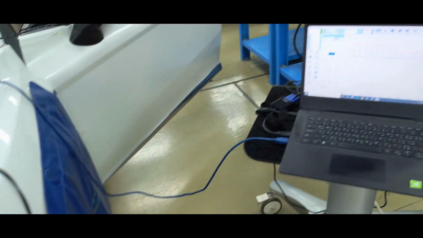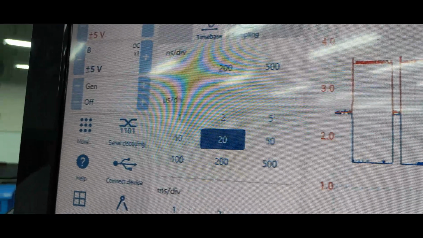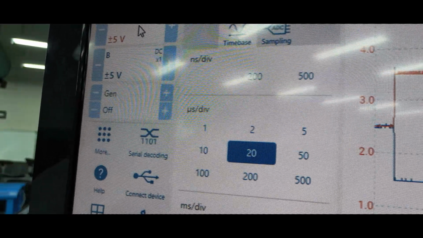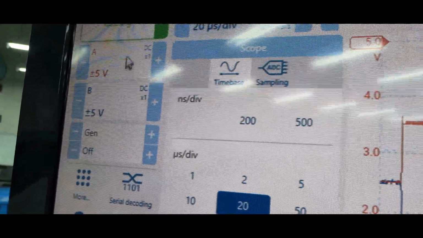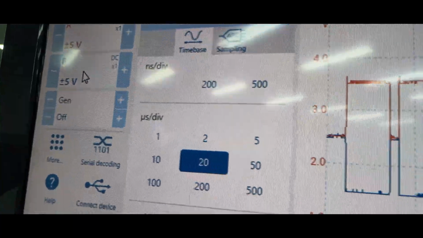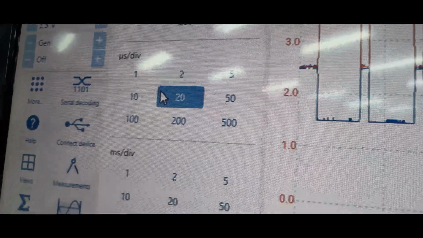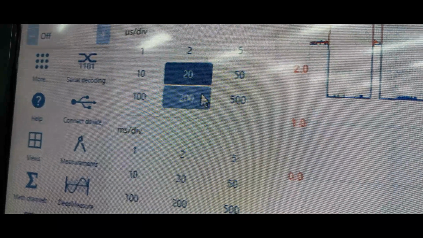Then we set our channel A to 5 volts. Set our channel B to 5 volts. And then now here we can set 20 or either 50.